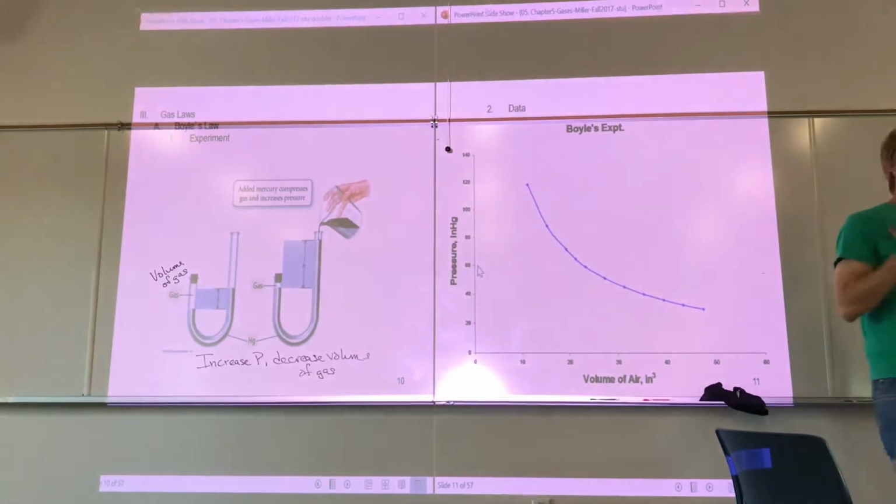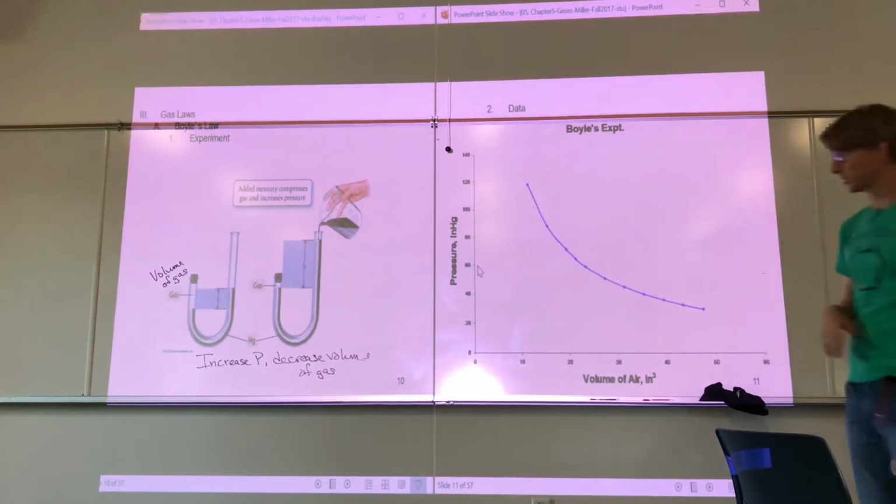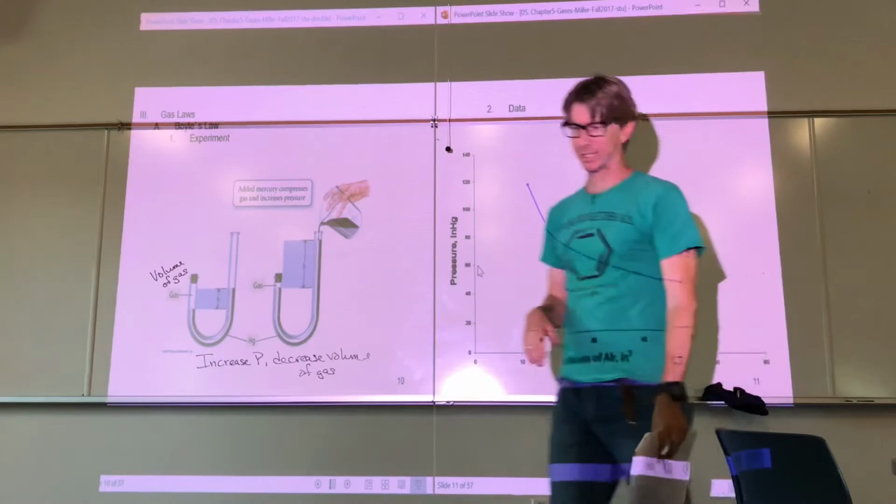Now, when I graph things, I like the graph to have a straight line, because then I can add a trend line to it, and then I can fit that trend line, just like lab number 2. Just like so many other things we're going to do this semester, wait, just wait.